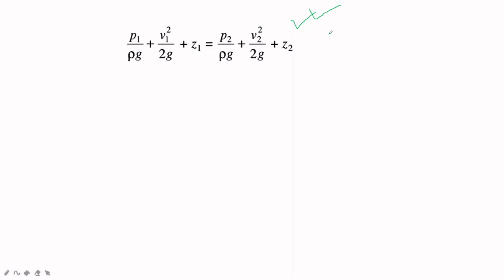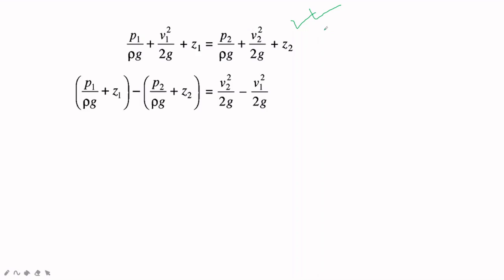Now we will rearrange the terms. P1 by rho g plus Z1, minus P2 by rho g plus Z2, is equal to V2 square by 2g minus V1 square by 2g.